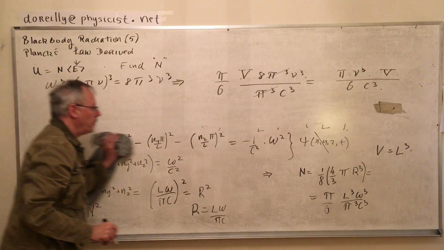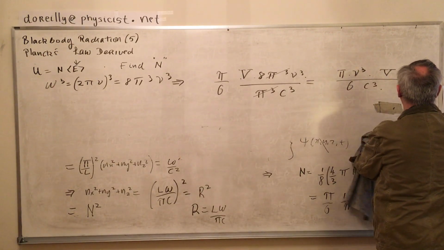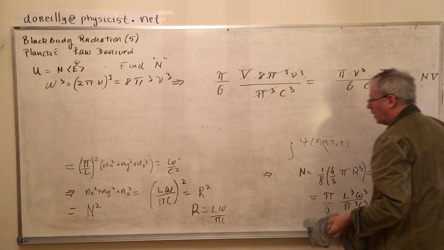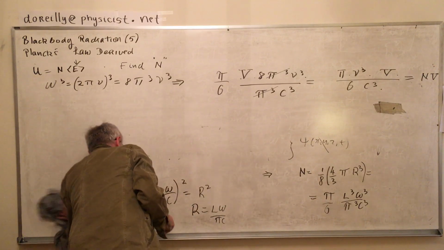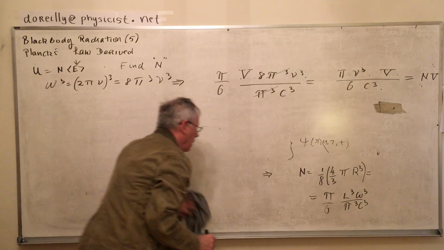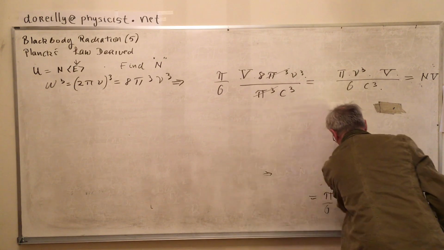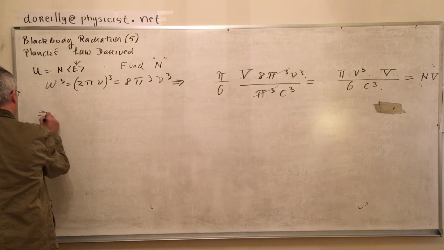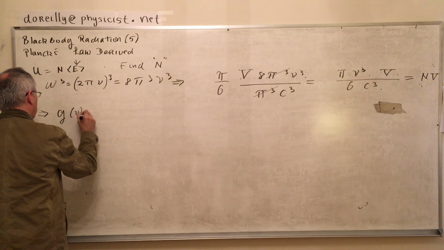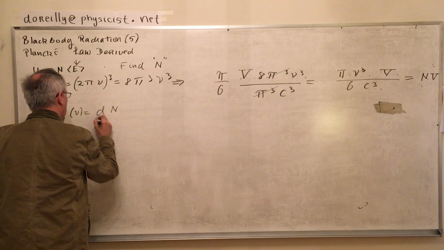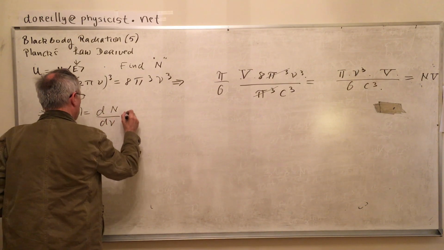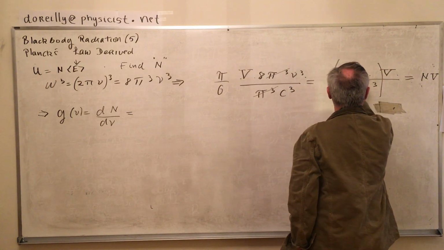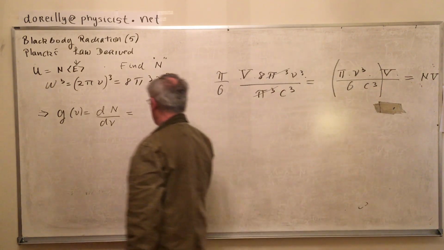Now we go, so our n is this quantity here, pi nu cubed over 6c cubed.